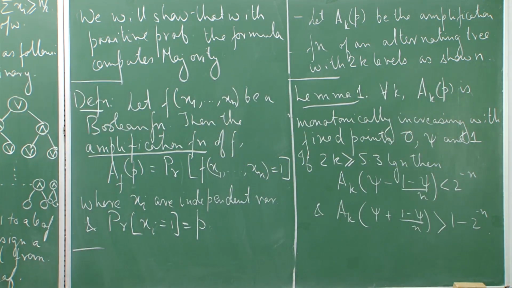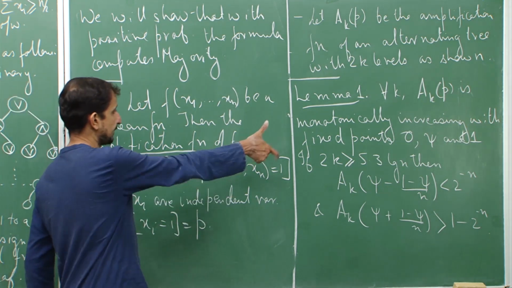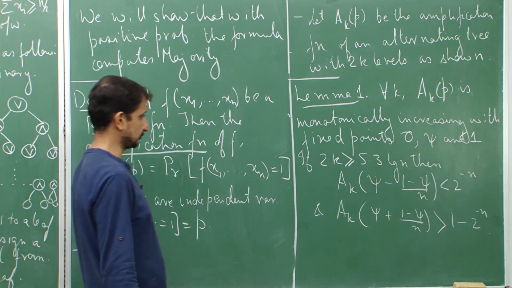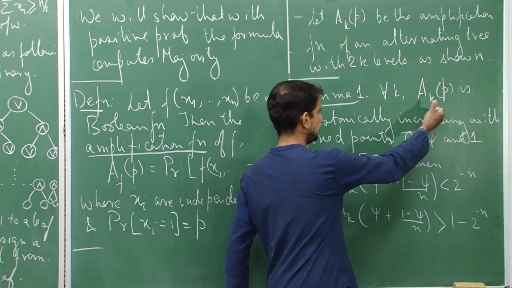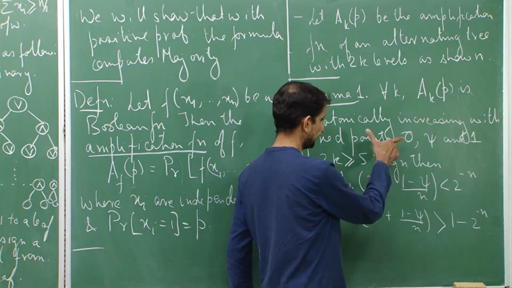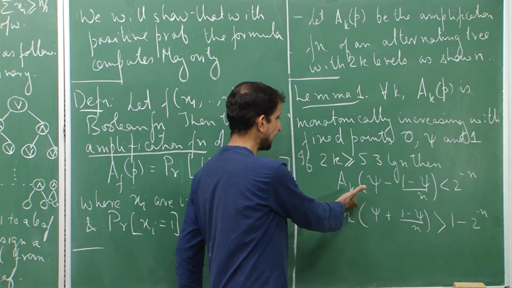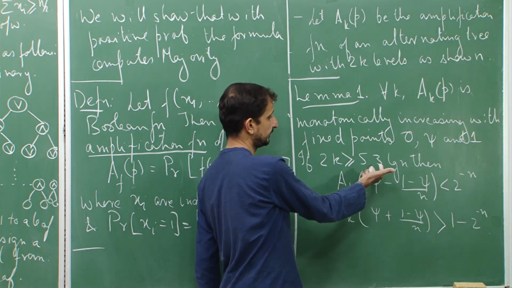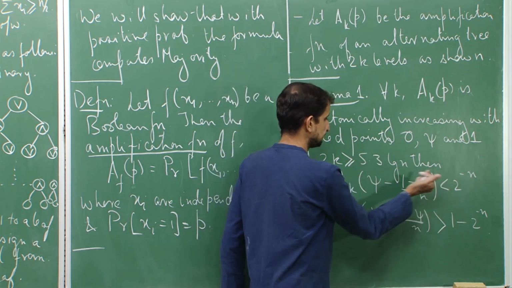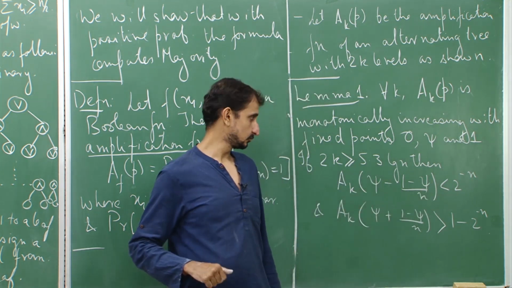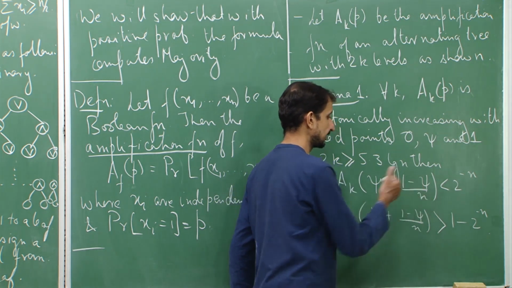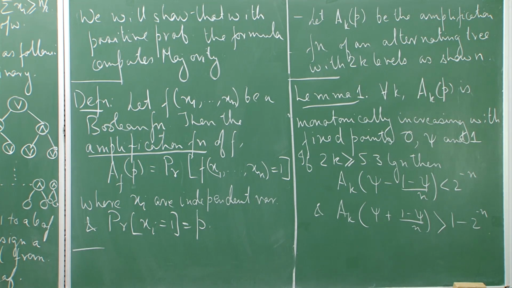Okay. And we will show that once we are able to establish this lemma, the theorem is not very difficult to show. So, we have to show several things here. Firstly, that this is a monotonically increasing function, these are the fixed points of this function, and the function satisfies the property that if I take k to be bigger than this bound, then A_k of this quantity is at most 2 to the power minus n, and A_k of psi plus (1 minus psi) over n is greater than 1 minus 2 to the power minus n. Okay.